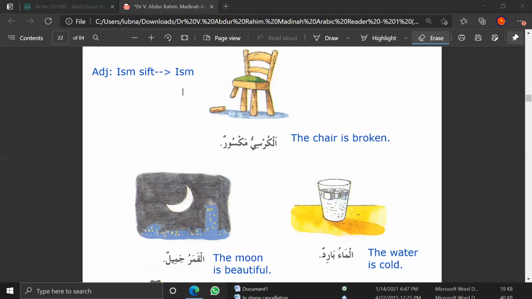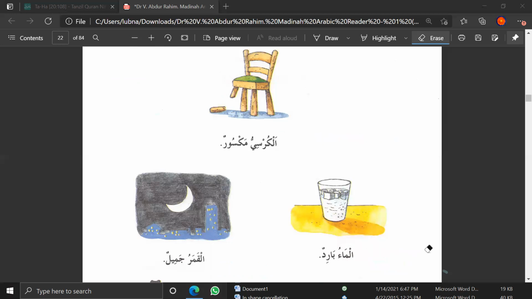Excellent. Okay, let me erase and go further and check if we are done with this page. Then we can just finish today's lesson, because today we are going to cover only 2 pages inshallah, and the rest of the exercise we are going to do next time.